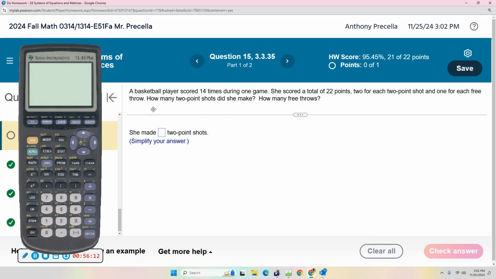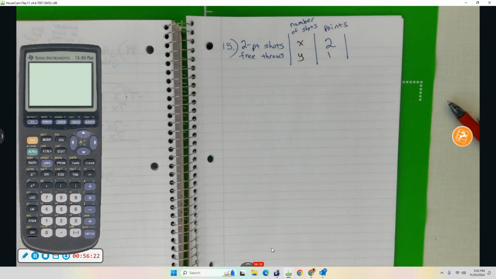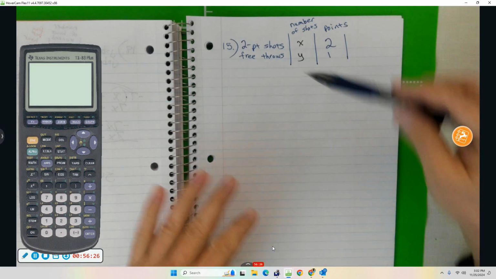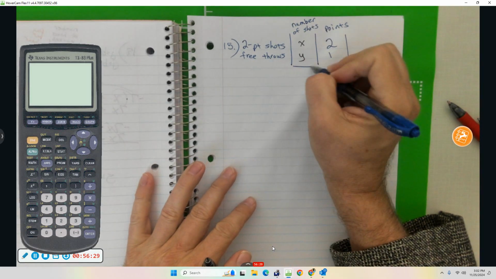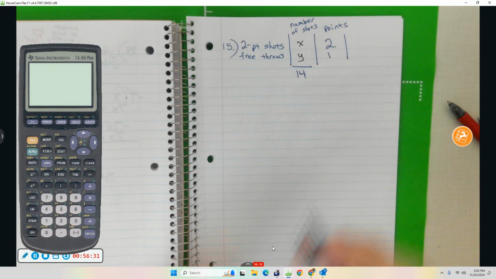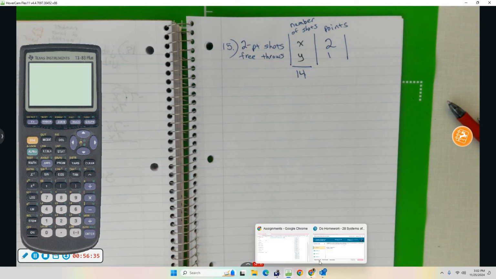Okay. The basketball player scored 14 times during one game. Where's that 14 going to go? Here's my paper. Where do y'all think I'm going to put the 14? Okay, the number of shots. She scored 14 times total. And there better be another total.